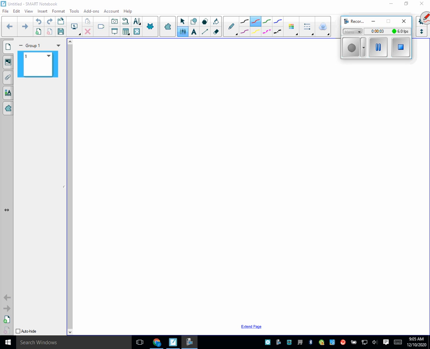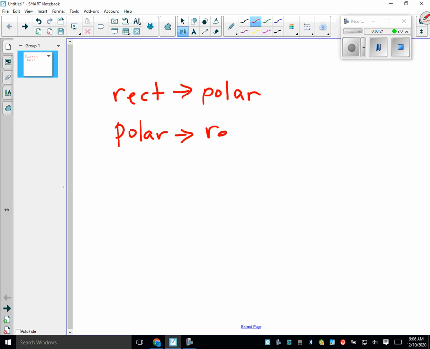Yesterday, we plotted polar points. Today, we're going to change from rectangular to polar, and from polar to rectangular. All right? Rectangular points are the ones we've done forever, which are x, y.